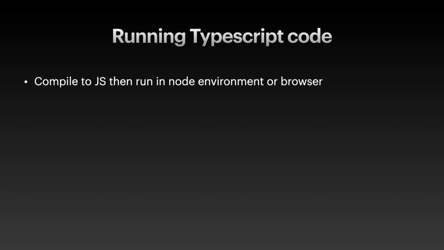First, we can compile TypeScript to JavaScript, then run it in a Node environment or the browser. We can also run TypeScript directly using a package called ts-node. So if you have ts-node installed globally, which you can install the same way we installed TypeScript, with ts-node we can directly run our TypeScript code without first compiling to JavaScript.